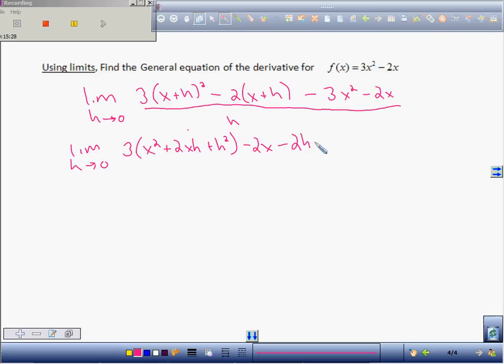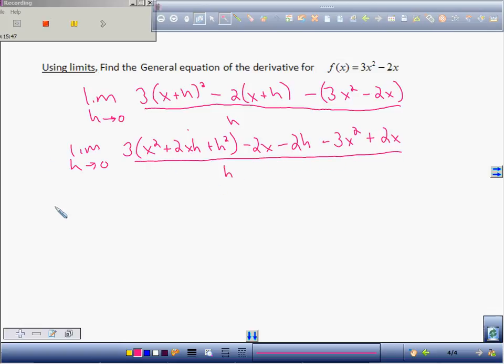Keep your sign straight. That's wrong too because it's minus f of x. So minus 3x squared plus 2x over h. This is fun. Watch.